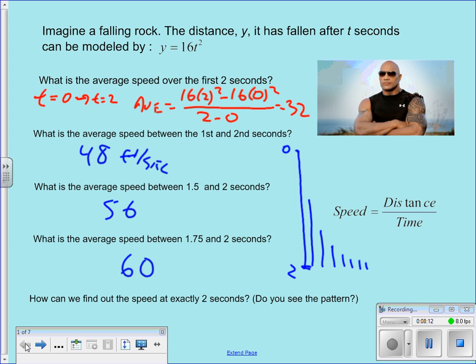Okay. If we graph y equals 16t squared, what do we have? We have a parabola. These are all the slopes of the secant lines connecting those 2 points, connecting 0 and 2, connecting where x is 1 and x is 2, connecting where x is 1.5 and x is 2, connecting those secant lines. If we zoom in close enough, we have the tangent line.